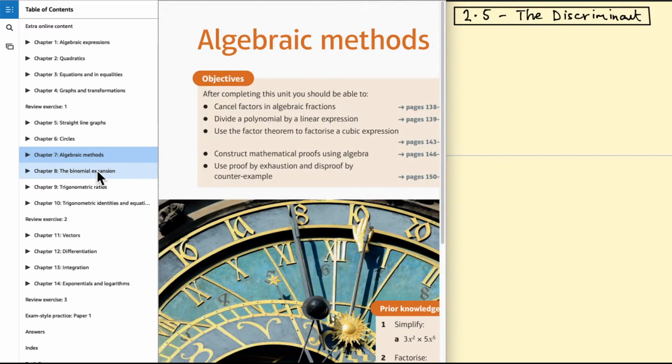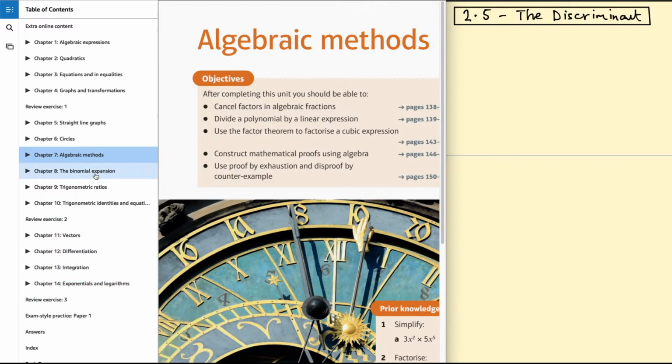This always comes up in A-level exams, the binomial expansion formula. At least in every set of exams I've done so far, I've seen that formula. Trigonometric identities and equations, that's another big one. And then calculus and logarithms.